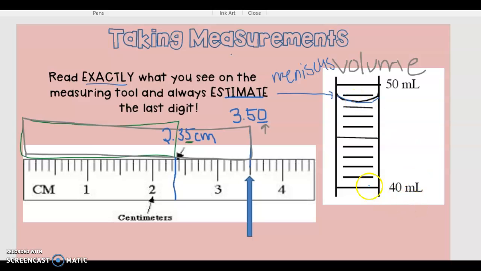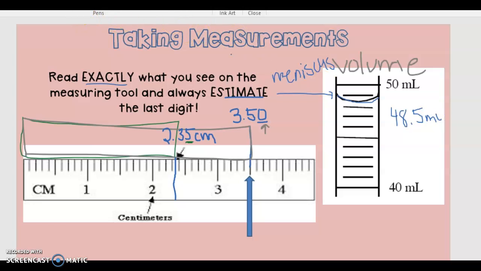bottom of the meniscus. So I know my liquid is at least at 40, 45 for sure, 46, 47, 48. So I can read for sure 48 point, now this would be 49, so I'm going to have to estimate my last digit, so it would be 48 point, and I would say 5 milliliters.